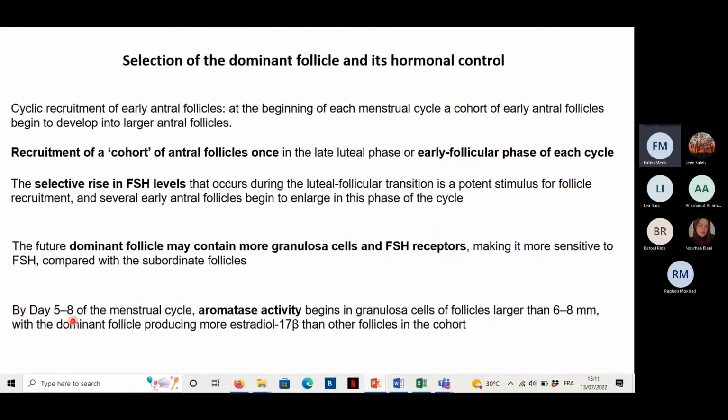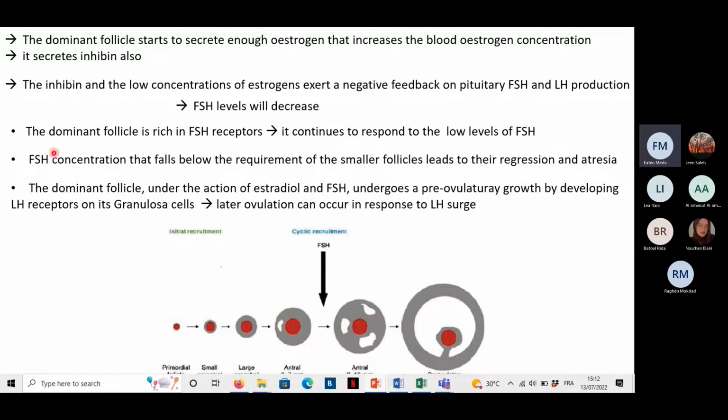So by day 5 to 8 of the menstrual cycle, the aromatase activity begins in the granulosa cells of follicles larger than 6 to 8 millimeters, with the dominant follicle producing more estradiol 17 beta than other follicles in the cohort, and the dominant follicle will produce more estrogens than the others.